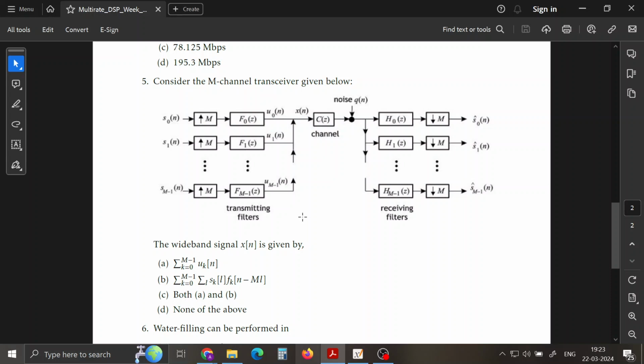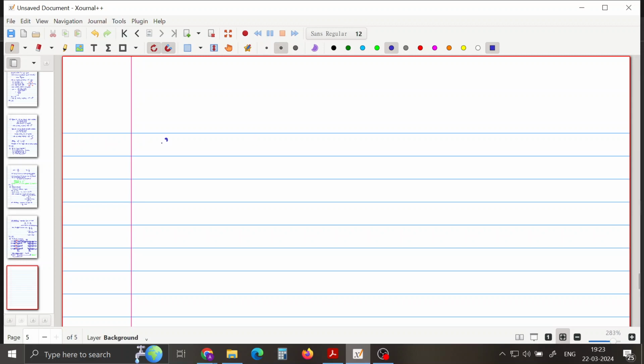So capital F naught of z has an inverse z transform, which is small f naught of n. The general standard convention is that small f k of n has a z transform given by capital F k of z. And here there are M branches, so this index k runs from 0 to capital M minus 1.